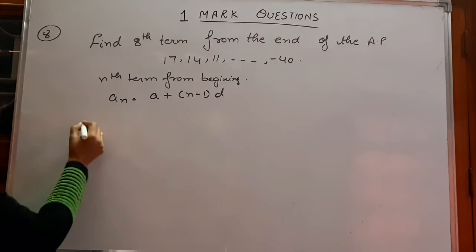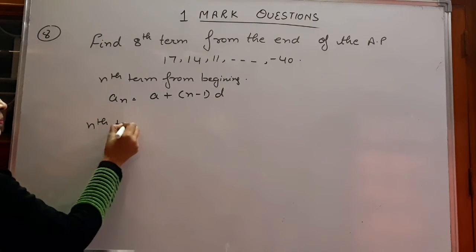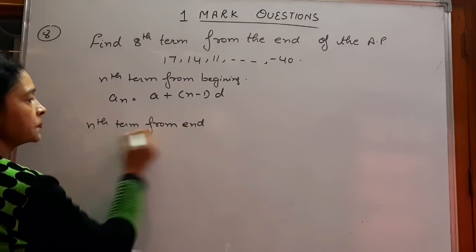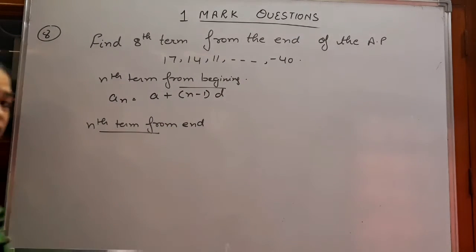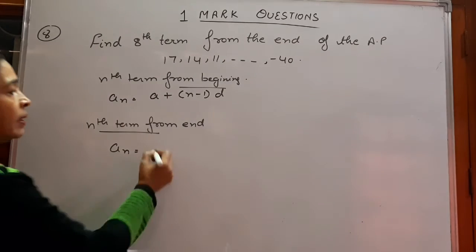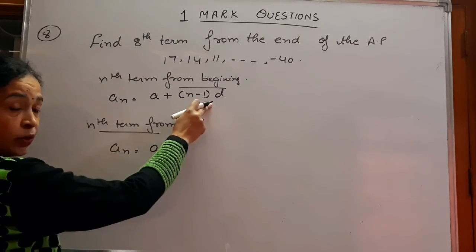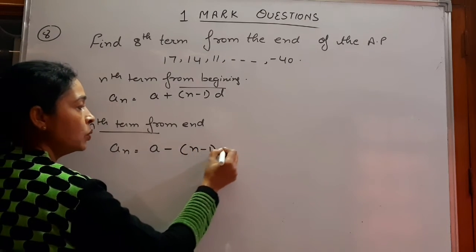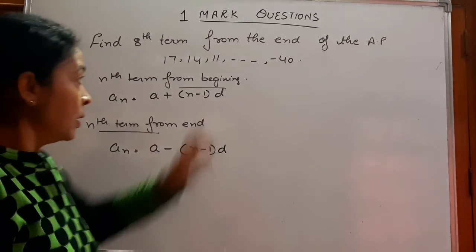Now, in this case, we have to find the nth term from the end. What is the formula for the nth term from the end? It was a plus (n minus 1) into d. In place of this, we will write a minus (n minus 1) into d.